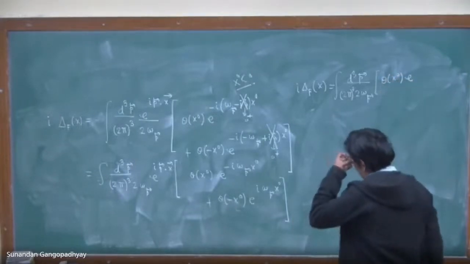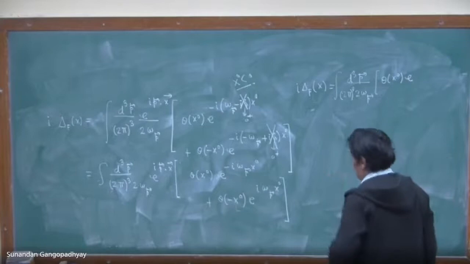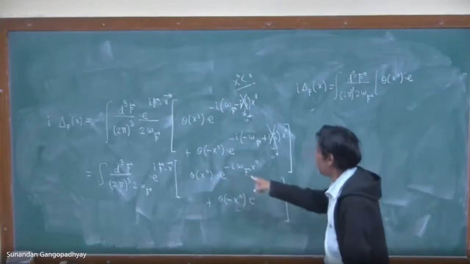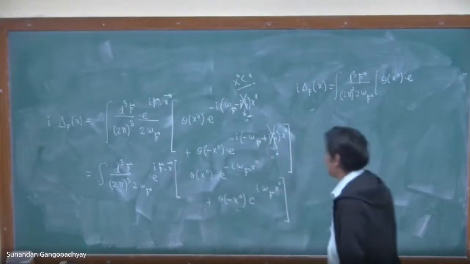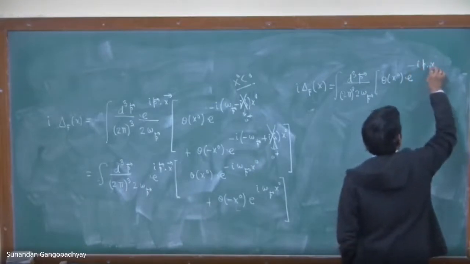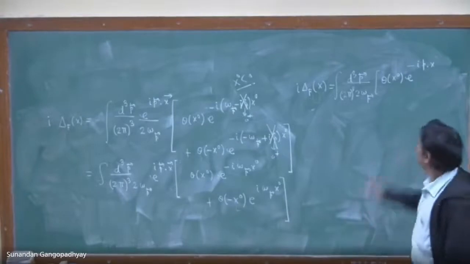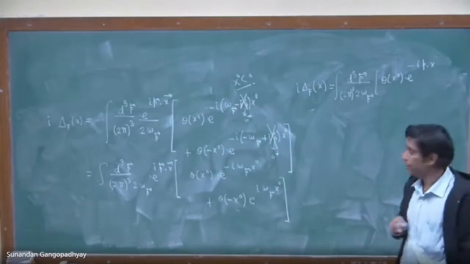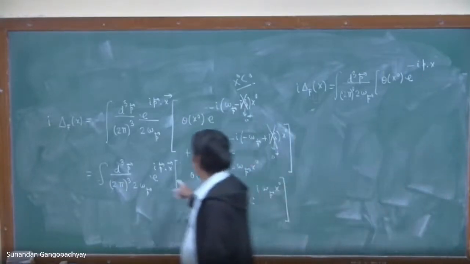So now you can combine this term with this term and write this as minus I p dot x. Where you should remember, in this case, this is a 4 momentum, and you have combined this term with this term, right?